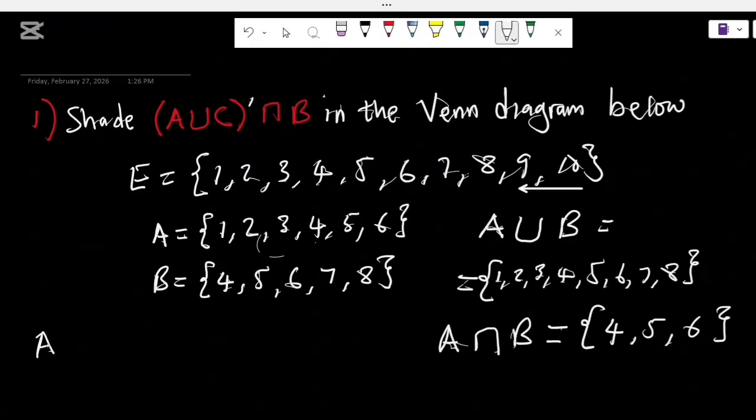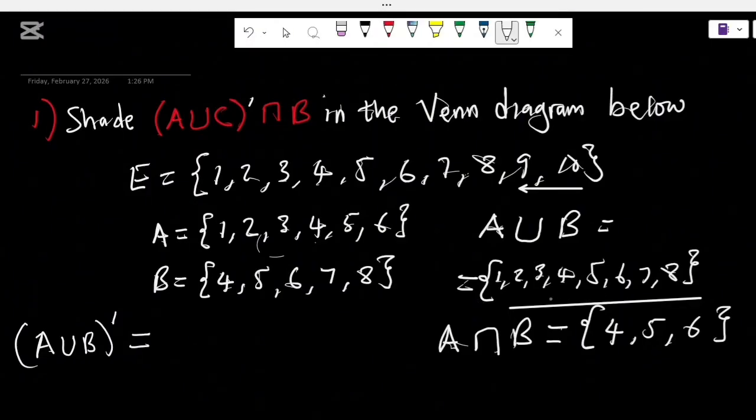Now, you can also try to understand phrases like A union B, and then you have complement. So in this case, when you're talking about A union B complement, it means when you have A union B, everything that is in A union B shouldn't be included, because that's what complement means. So A union B complement means that what is in A union B shouldn't be included.